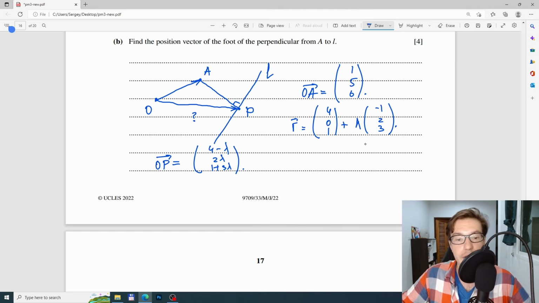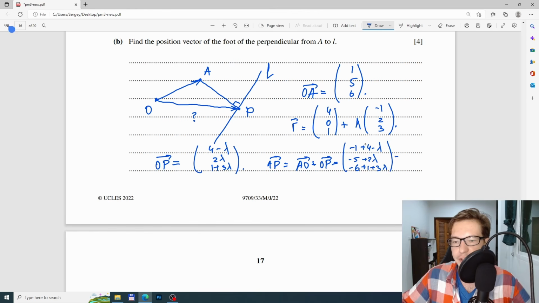Okay, so now from here I can find vector AP. And this vector is going to be equal to AO plus OP, which is -1 plus 4 minus lambda, -5 plus 2 lambda, and -6 plus 1 plus 3 lambda.